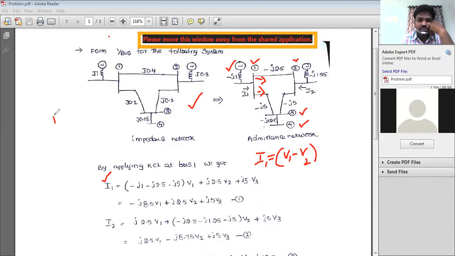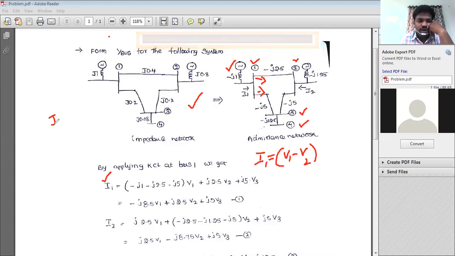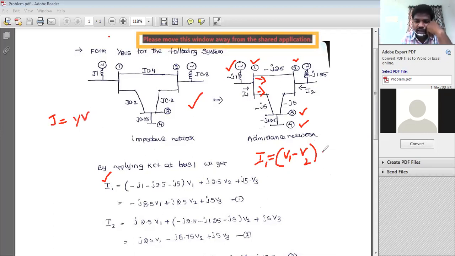Already we know this. So I1 is equal to V1 minus V2 into Y, here j2.5. So this is the first outgoing current.